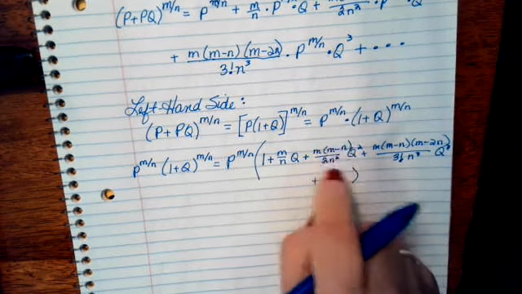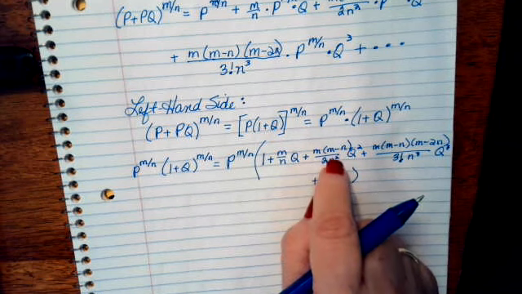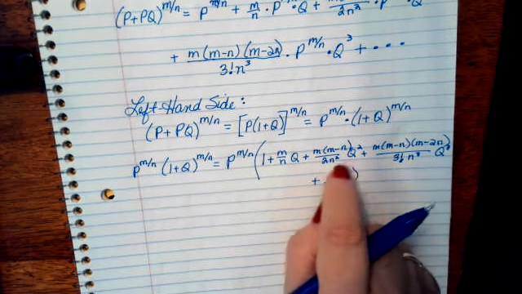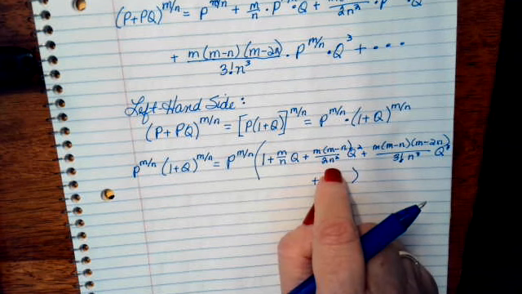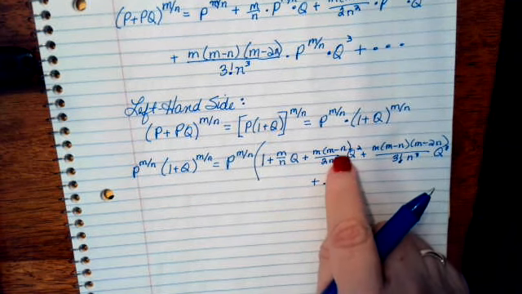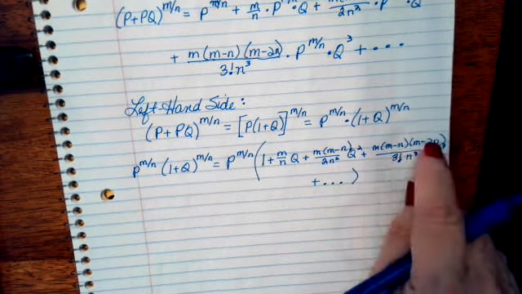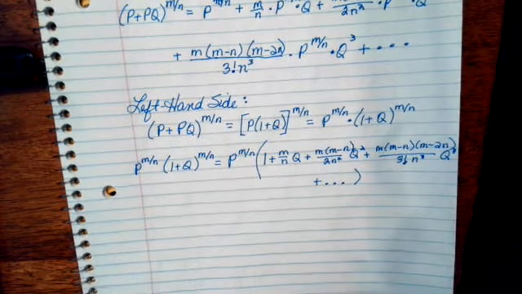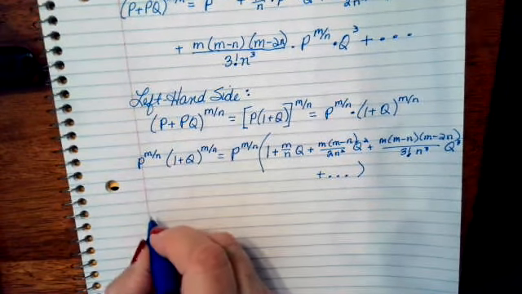He rewrote this fraction and thought of it as M over N times M minus N over N, all of that divided by 2. So it's sort of like he took the powers of N and distributed them across each one of those factors. And after he does that, this is the pattern that he comes up with.